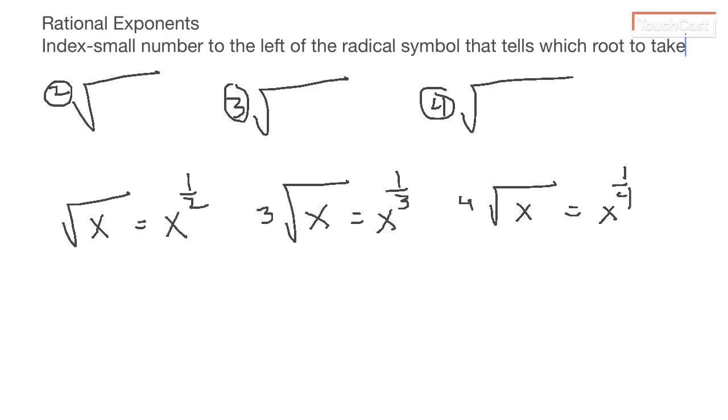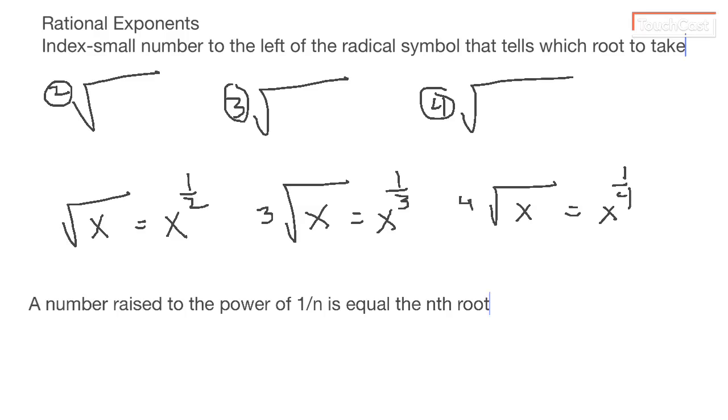So to generalize this, we can say the following: that any number raised to the power of 1 over n is equal to, we call it the nth root of that number.